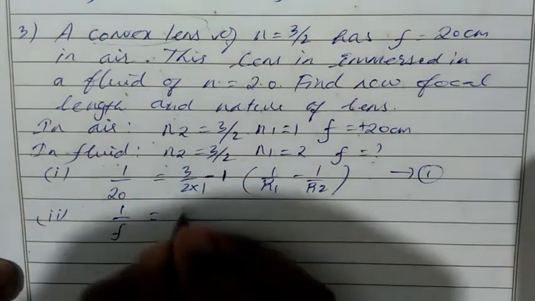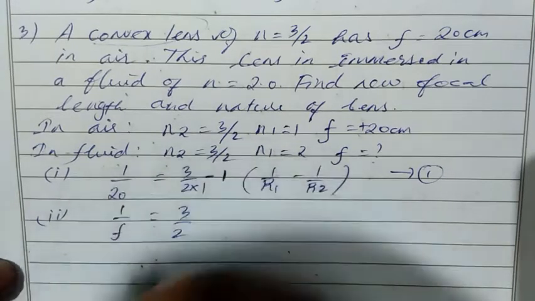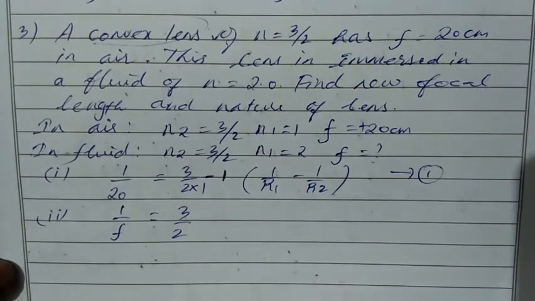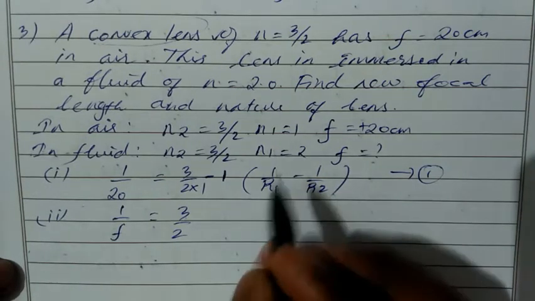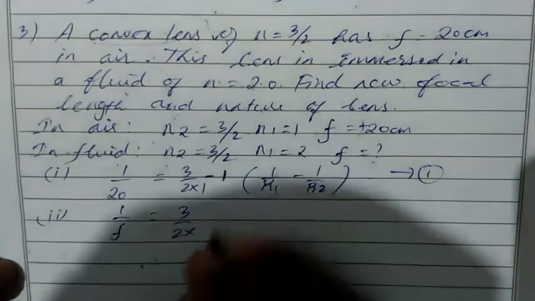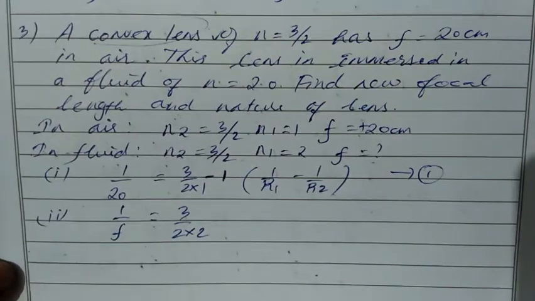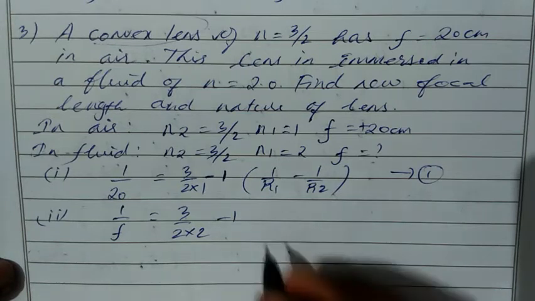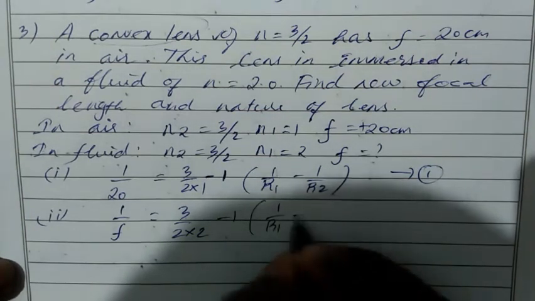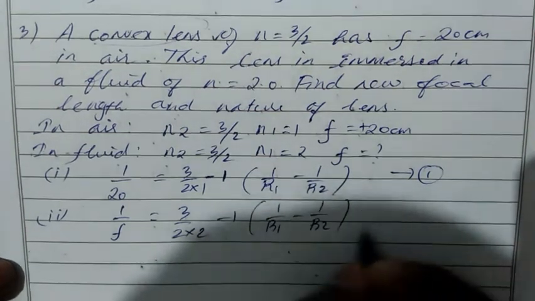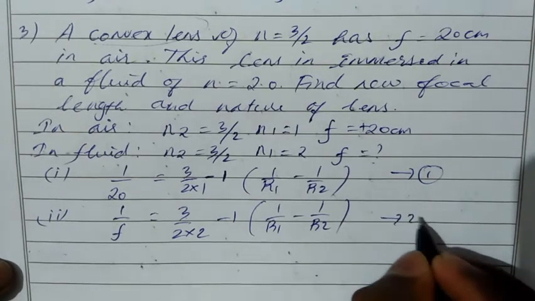Here N2 is 3 by 2 divided by N1, so N2 by N1, which is 3 by 2 divided by 2, minus 1. Then 1 by R1 minus 1 by R2. We can take this as the second equation.